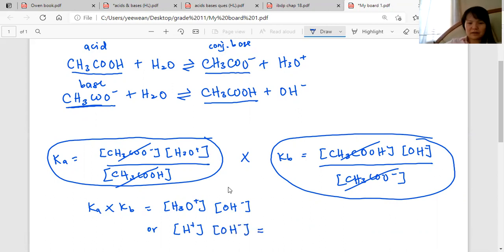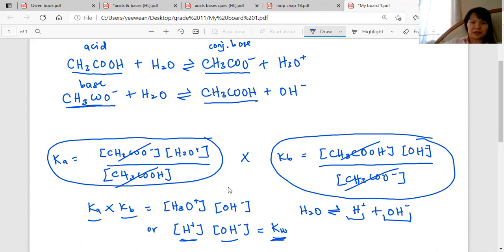So isn't this Kw? Remember, this is when we dissociate water. If you have water, you dissociate it, you get H plus and OH minus, just a little bit. 1 times 10 to the power of negative 7 of this, 1 times 10 to the power of negative 7 of this. So OH minus times H plus, you will get Kw. So Ka times Kb is also Kw.